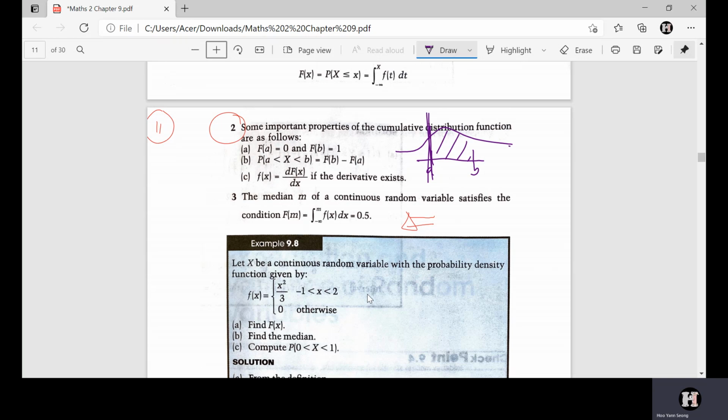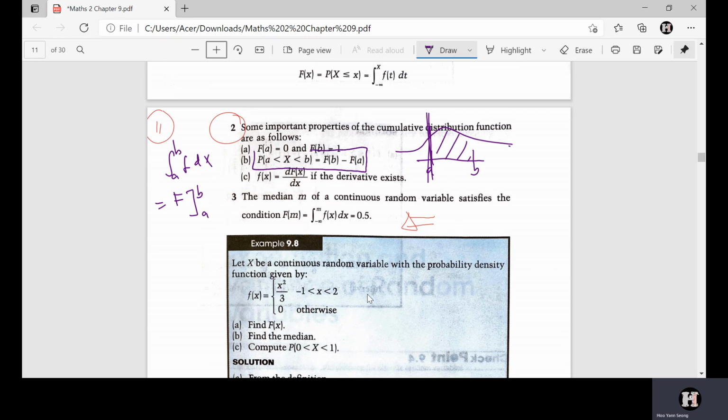If you want to know the probability from a to b, it is the integral from a to b of f(x) dx. After you integrate the small letter f, you become a capital letter F, which is called the cumulative, and we substitute b and a, so it's the same thing as F(b) minus F(a).